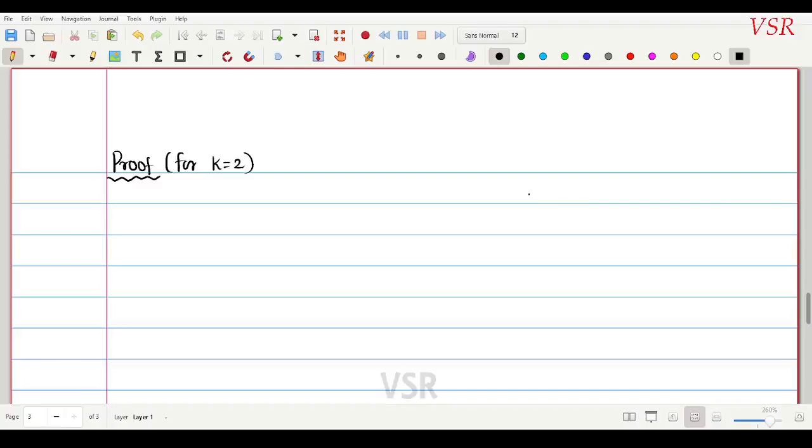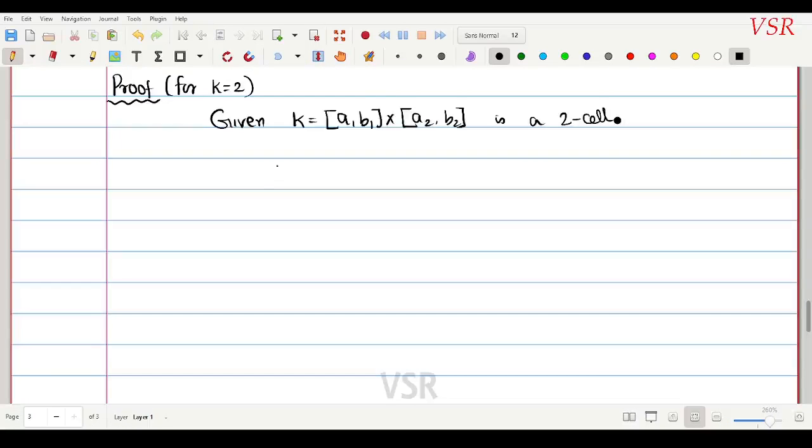Okay, so given K equal to, I call it B, this is A1 B1 cross A2 B2. Understand this, then we will go to n dimensions. A 2-cell is given. Shall we draw it in the picture? It will look like a rectangle. I think I drew it too big. Okay, very good, it has come out.